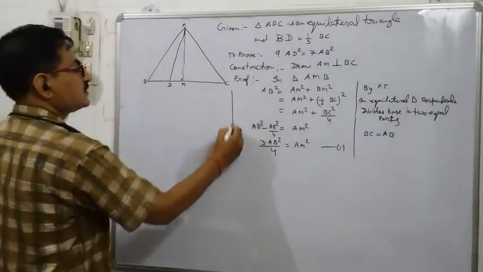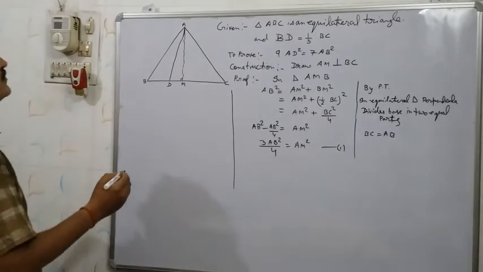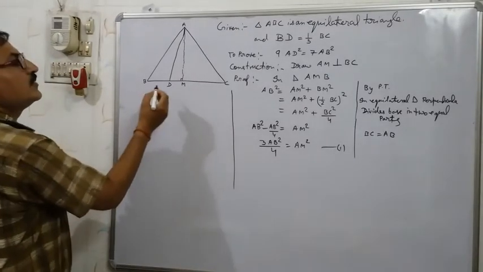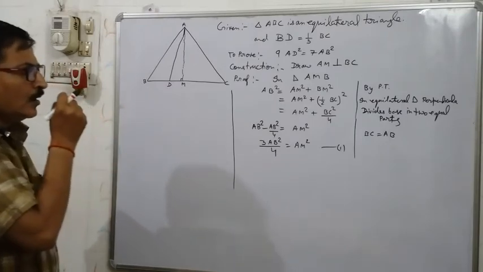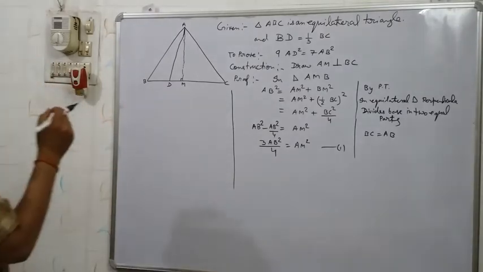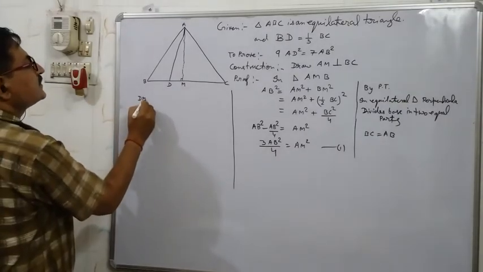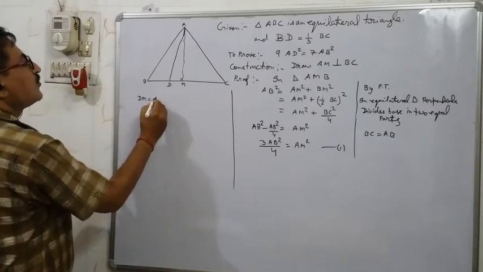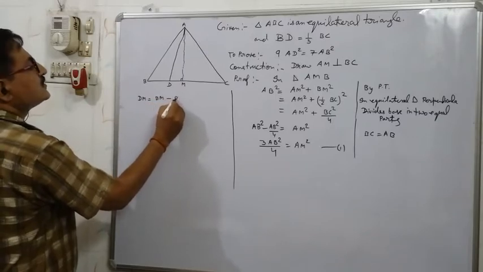Now the next. In triangle AMD, another right triangle, first we have to find the DM length. So DM equals BM minus BD.